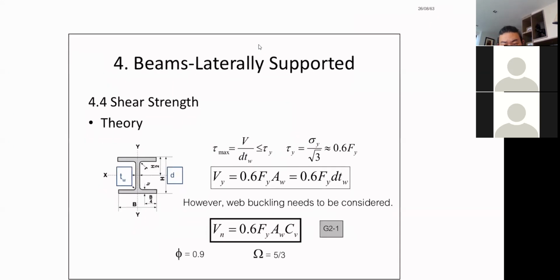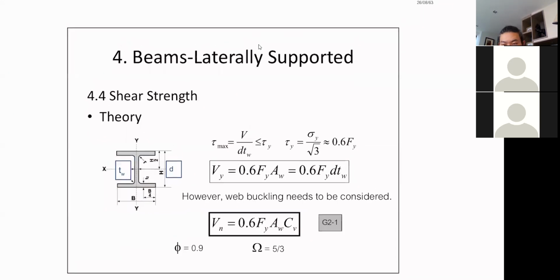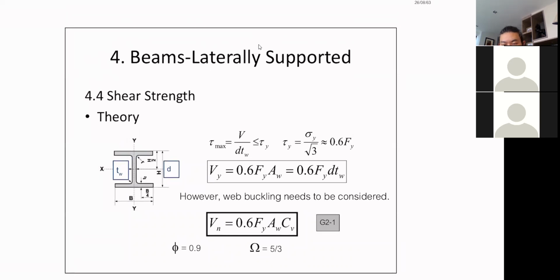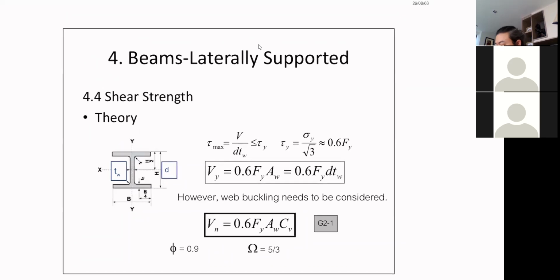Now, another thing that we should talk about is the shear strength of your member. Okay, so it's part of the strength that will be added up to the strength part. Okay, we have strength and then we have serviceability. The strength, now you have the bending, where you have to consider local buckling and then global.